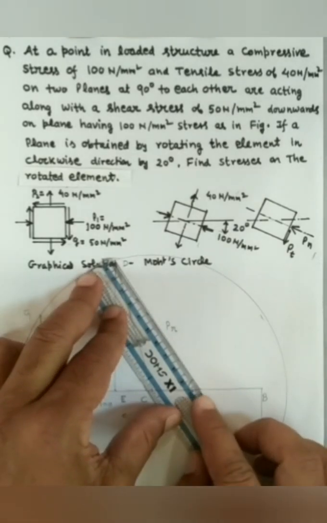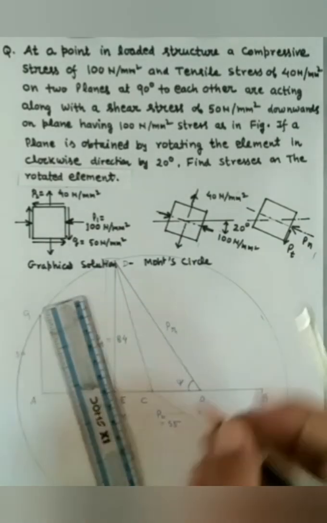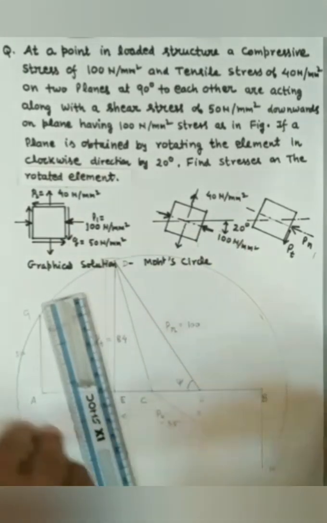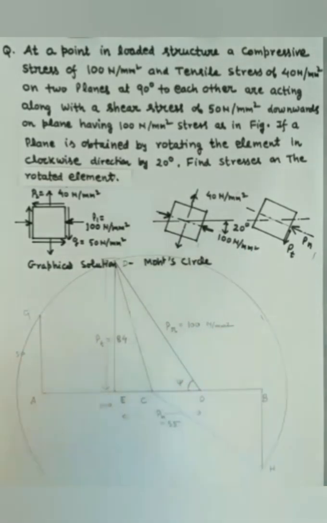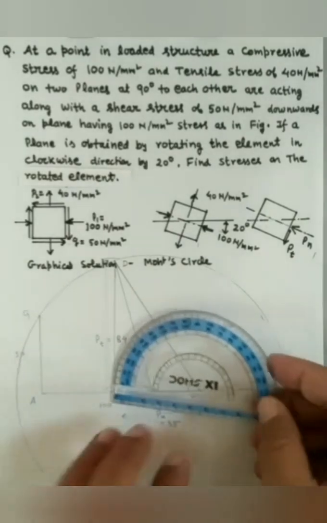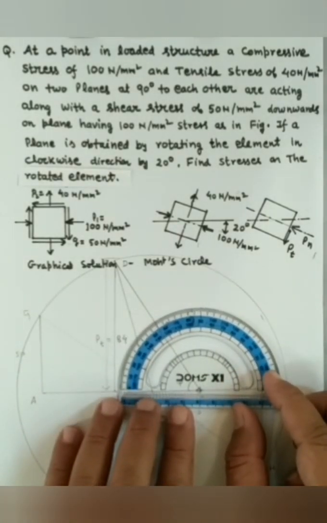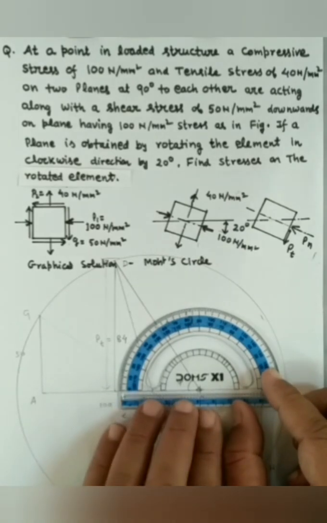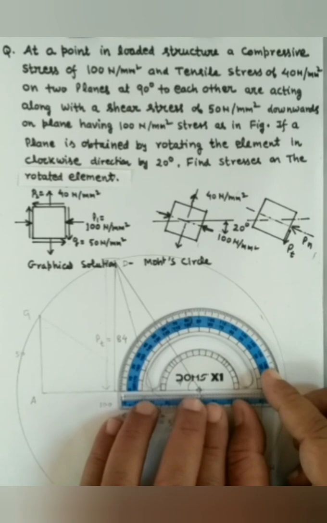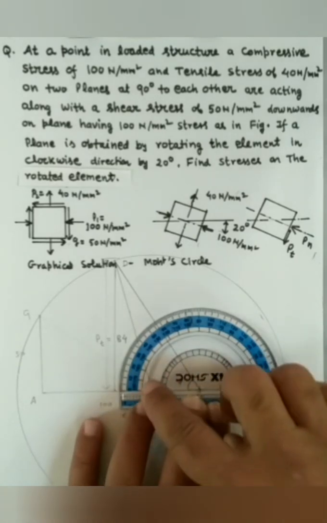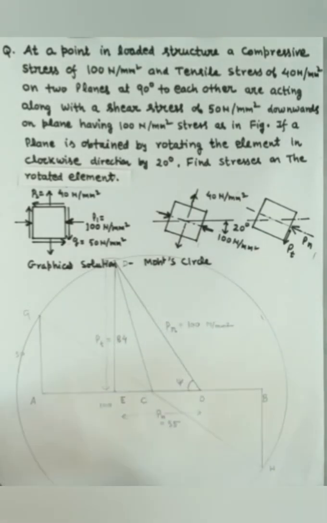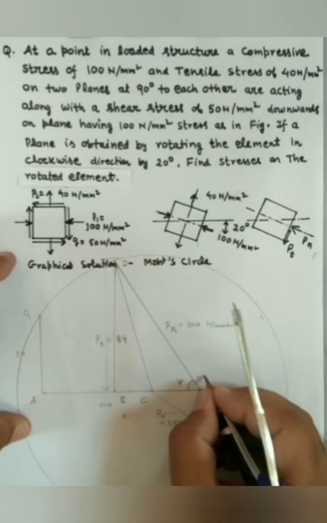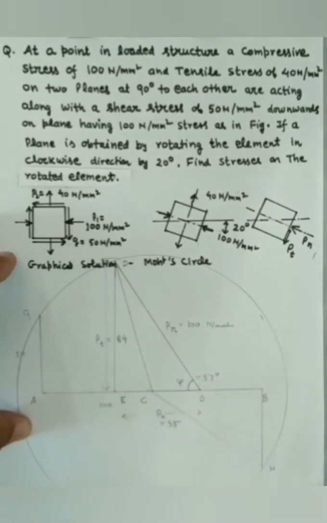So the measure of resultant PR is 100 Newton per mm square. So these are the values we have obtained graphically. Now let us measure the angle psi, that is angle DOE. It is measured in the anti-clockwise direction, and it comes to about 57 degrees.